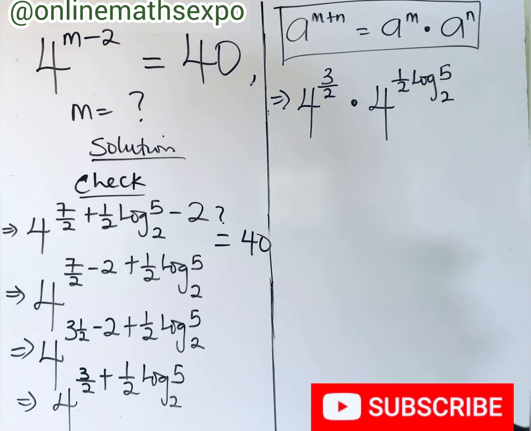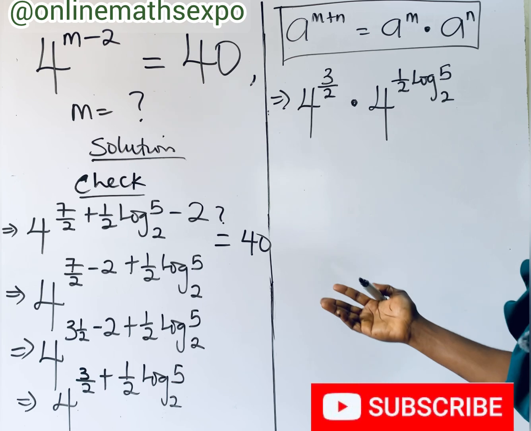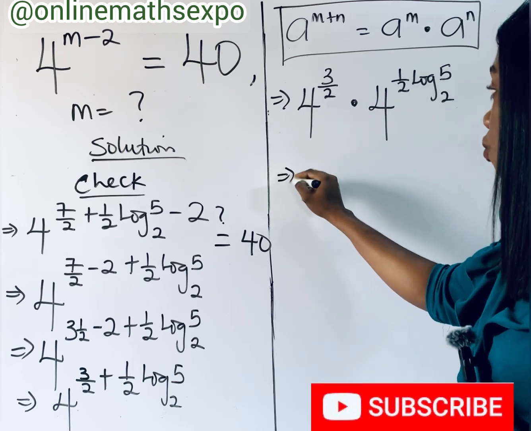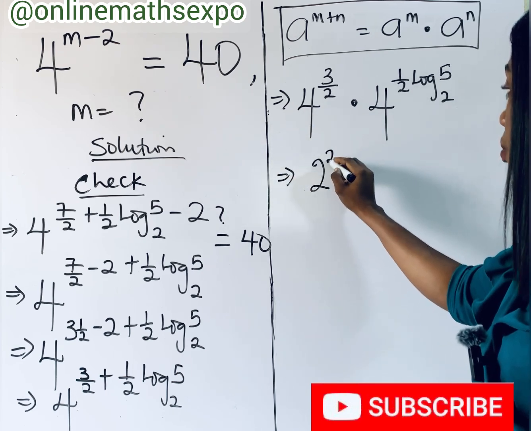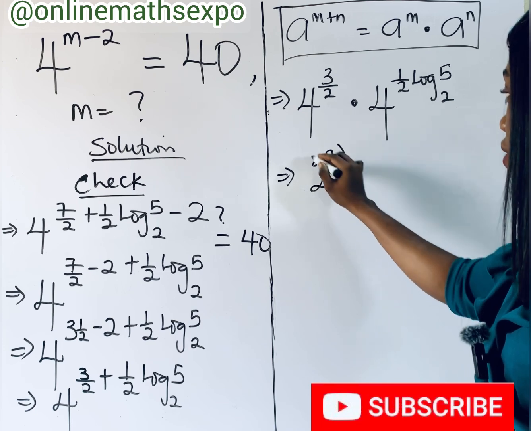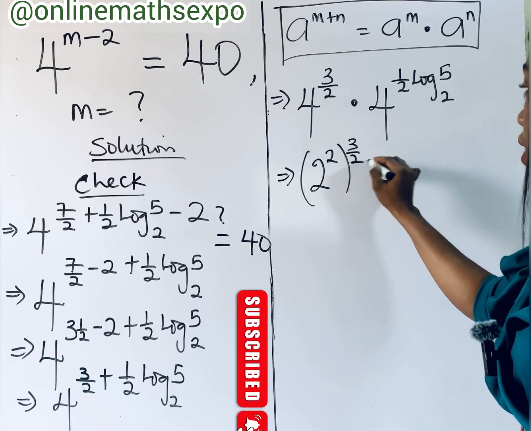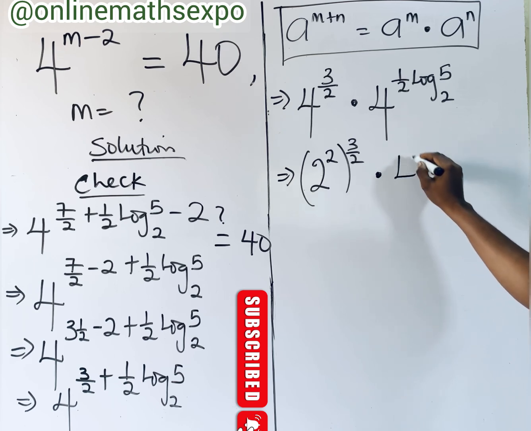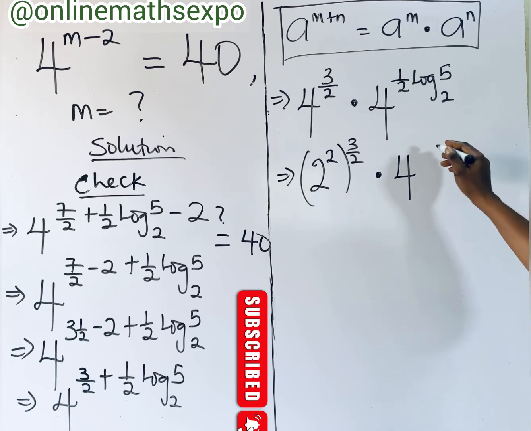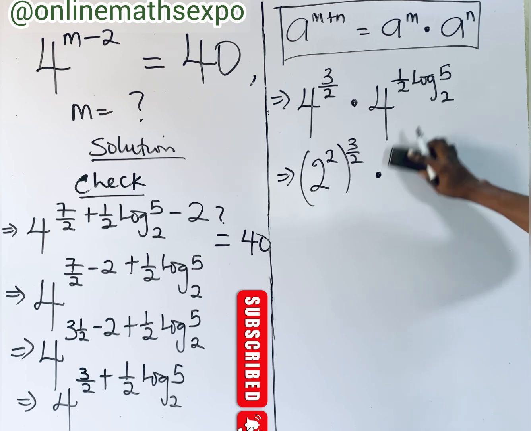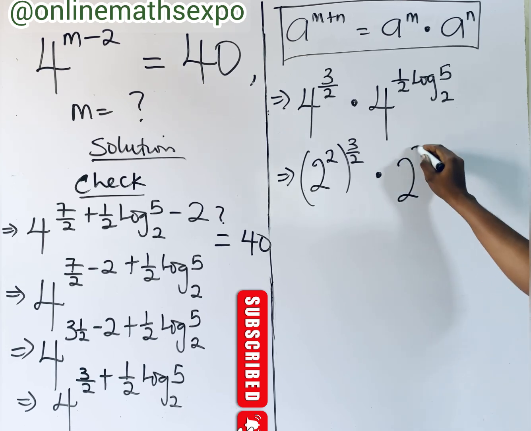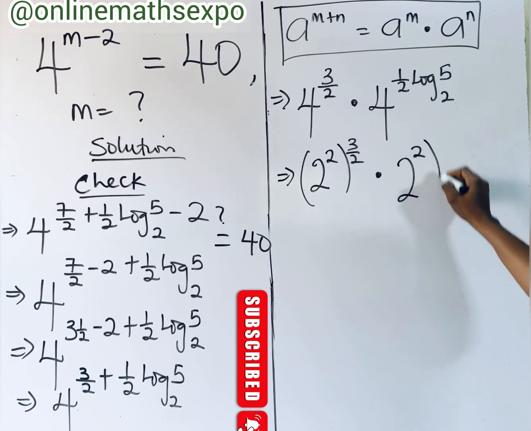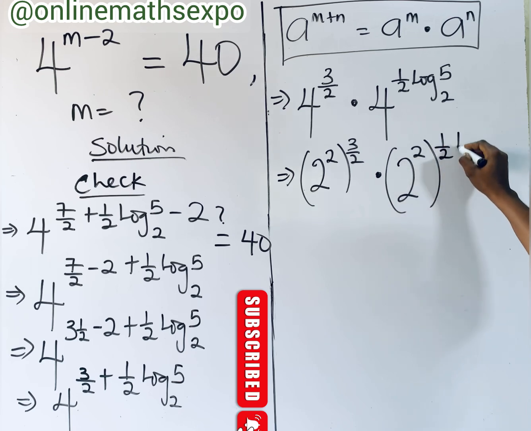Did you see? Now what do you do again? Keep simplifying. Remember we said that 4 is the same as 2 to the power of 2. Then you are raising it to the power of 3 divided by 2. Then it is multiplied by 4 to the power of, this 4 is also the same as 2 to the power of 2. Then raise it to the power of half of log of 5 base 2. Interesting. Now what do you do again?